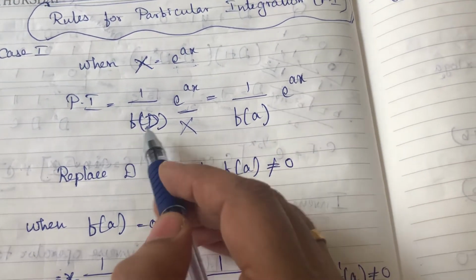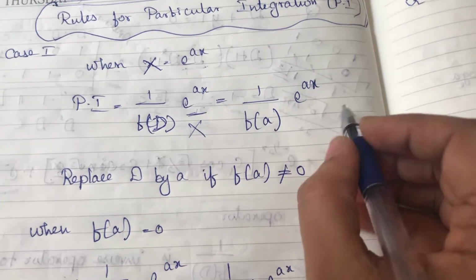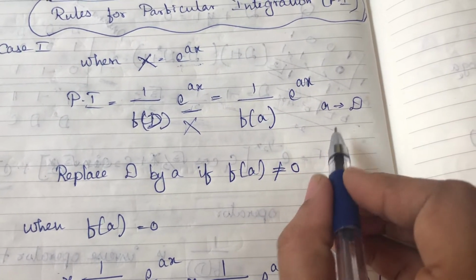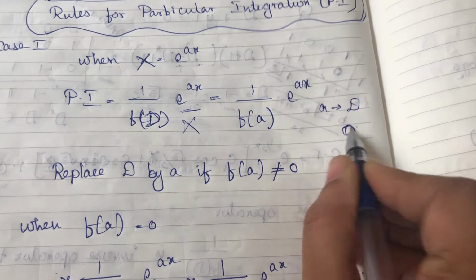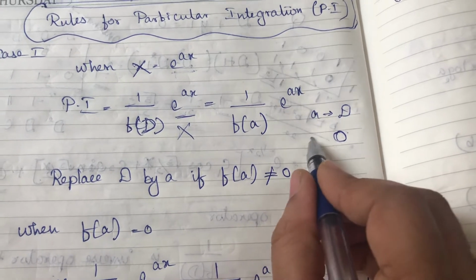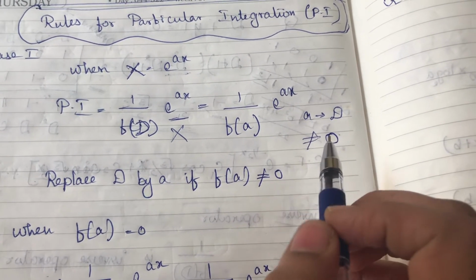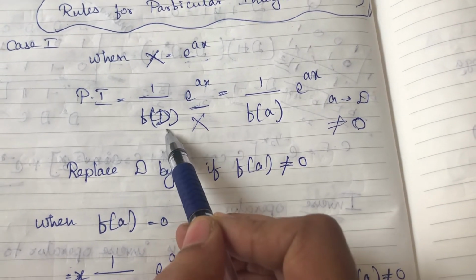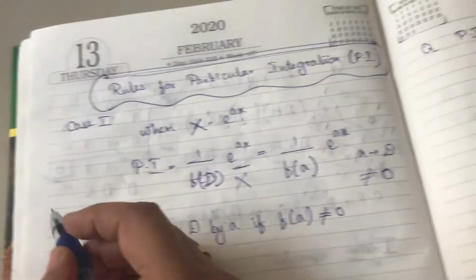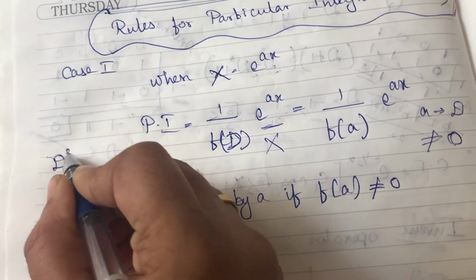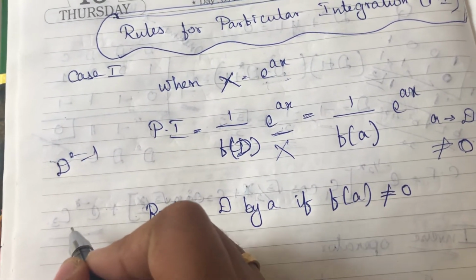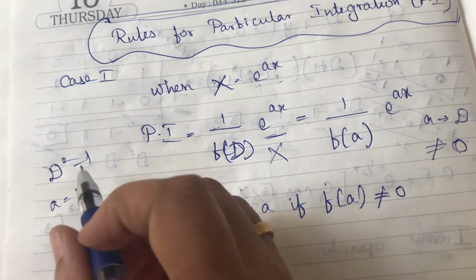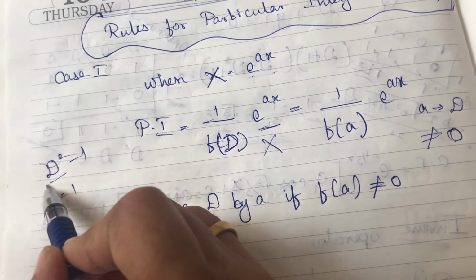Yes. If I put a in place of d, I should not get 0. If I get 0, I need to differentiate this again. Like if I have d square minus 1, and the a value is 1, I need to put this a value in terms of d.